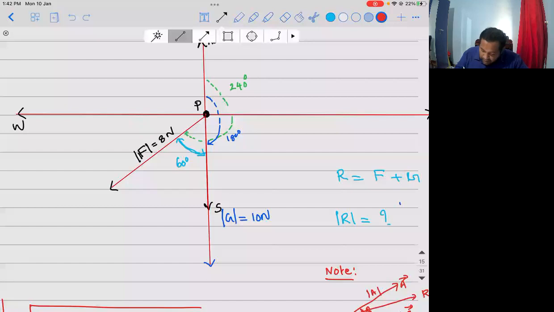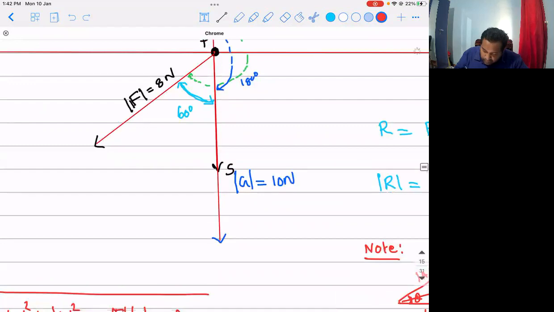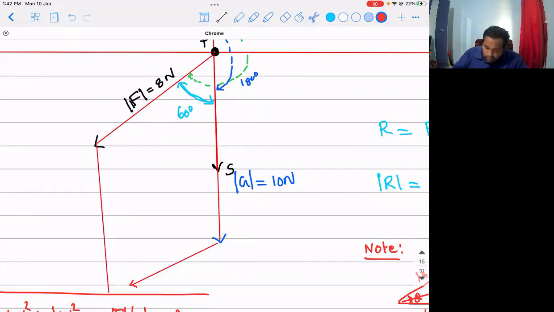So we are going to construct a parallelogram using this. So this is our parallelogram. What is the speciality of this parallelogram? Opposite sides are parallel and they are equal.